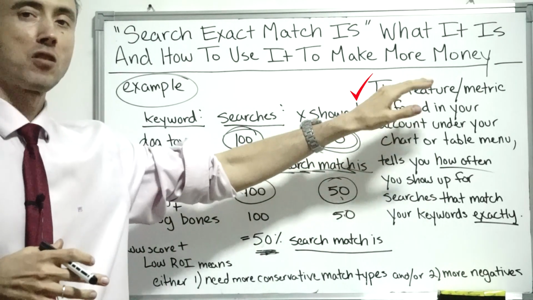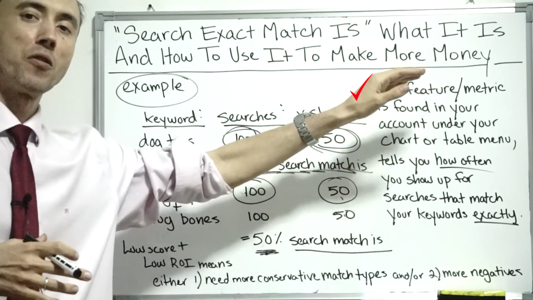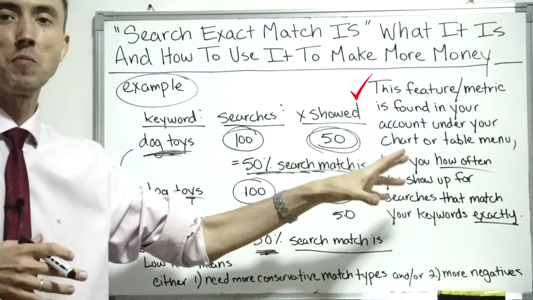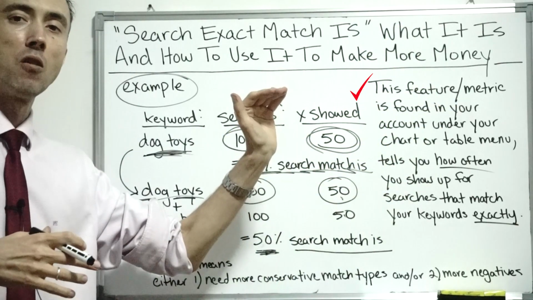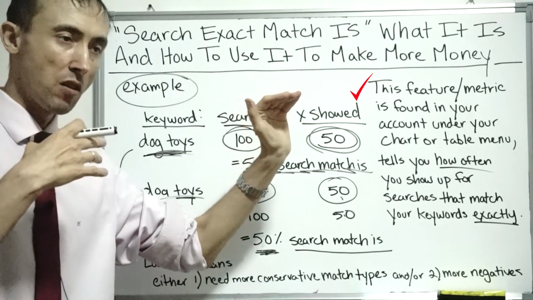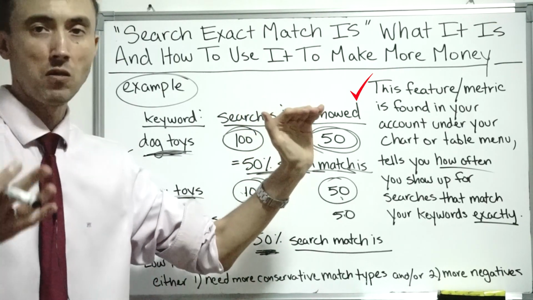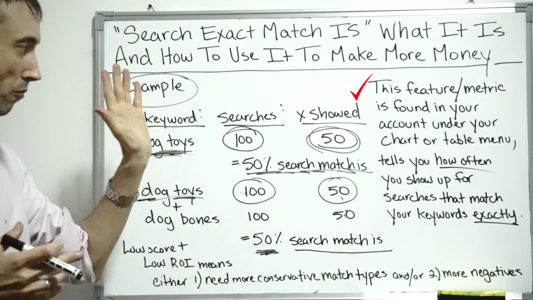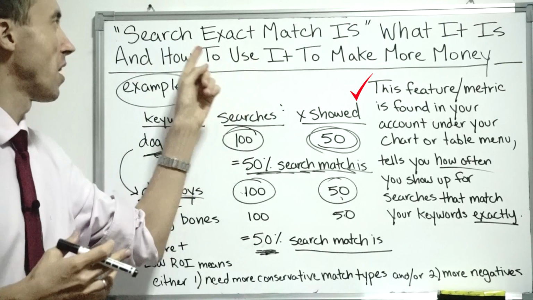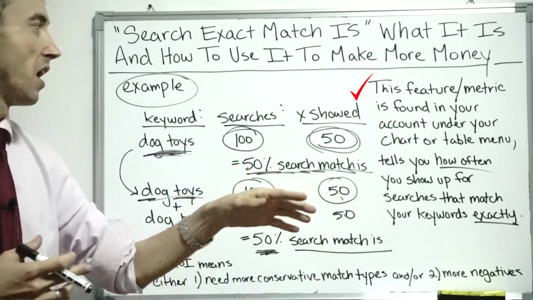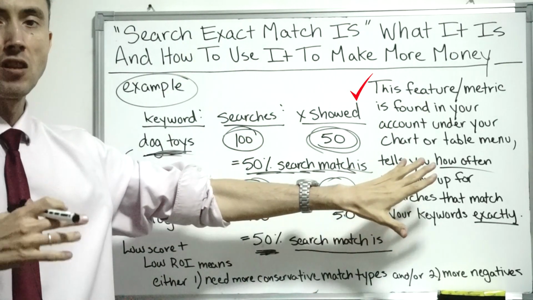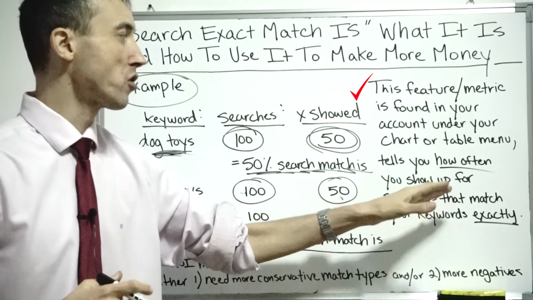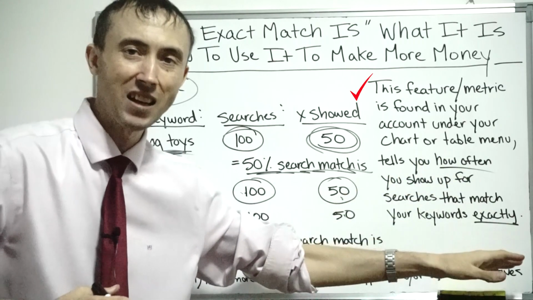In the charts, you would just click the drop down of what you want to show in terms of the data in the chart, and then in the campaigns menu or in the table down below where the chart is, whether you're talking about campaigns menu or keyword menu, you can adjust columns, and under competitive metrics, you can select this search exact match is metric, and that'll actually tell you how often you show up for searches that match your keyword exactly.